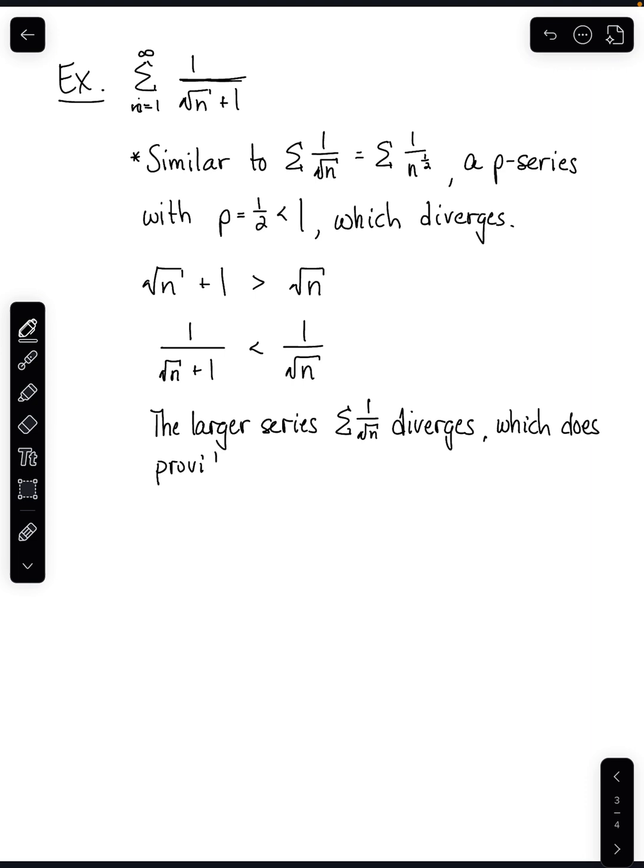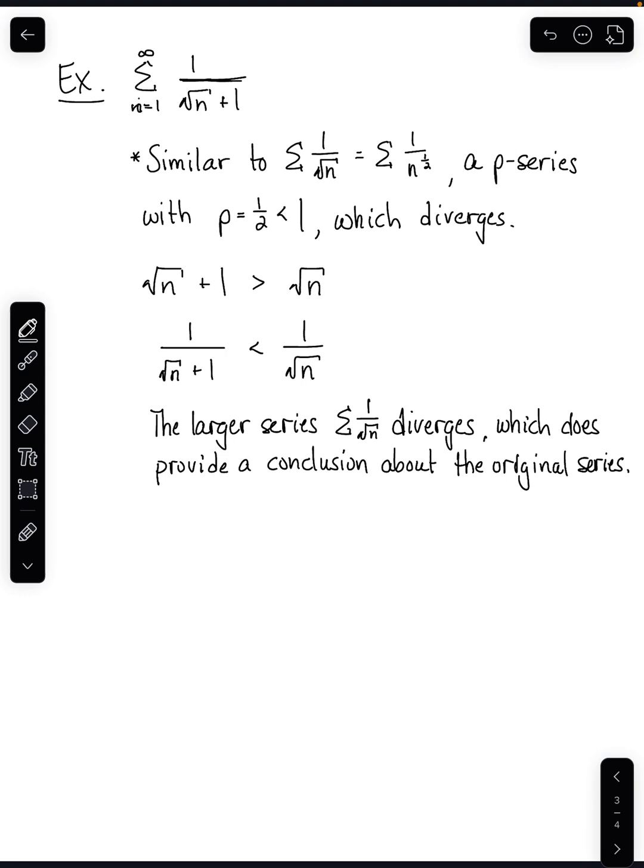This does not provide a conclusion about the original series. So it is not a good series to use for a comparison.